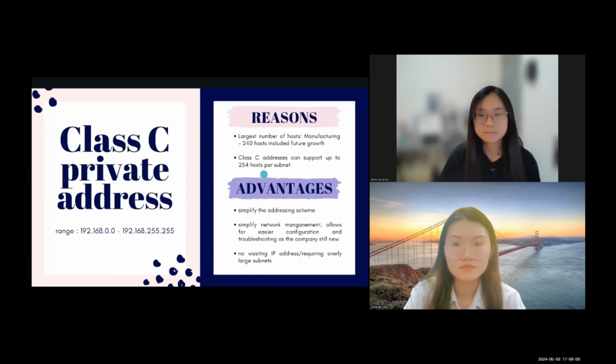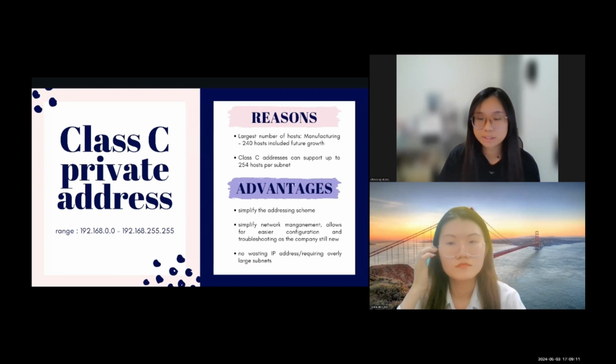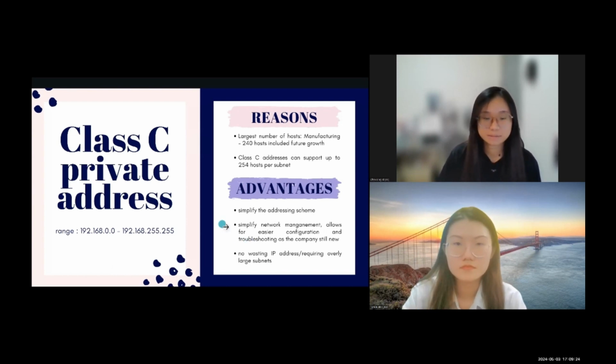per subnet. The advantages of using Class C addresses are that we can simplify the addressing scheme and network management, and it allows for easier configuration and troubleshooting as the company is still new. We are aiming to reduce the wasting of IP addresses and not require overly large subnets.